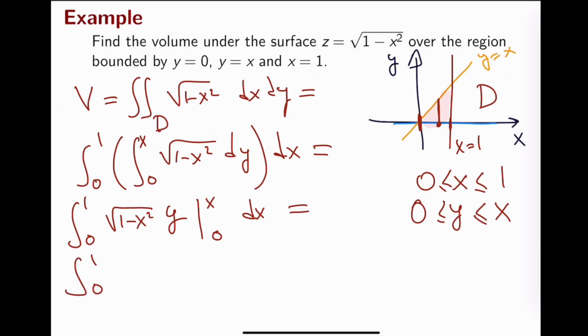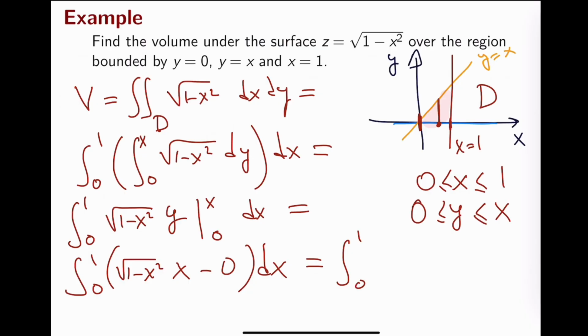And so we evaluate now. Remember that the variable is y. So this will be root of 1 minus x squared times x minus 0 dx. So the function that we have to integrate, between 0 and 1, is x square root of 1 minus x squared dx.